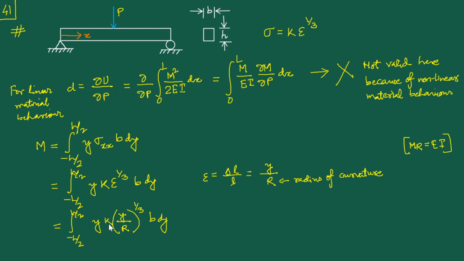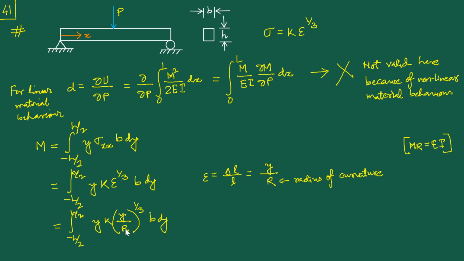Now see, I can take this k out of this integration. I can also take this R to the power 1/3 out of this integration, because this R could in general vary along the span of the beam, that is along the x direction. But here we are carrying out this integration over a particular cross section, at a certain given distance x from the origin.